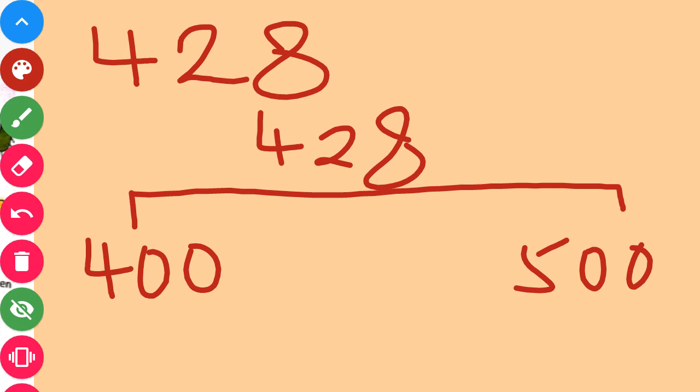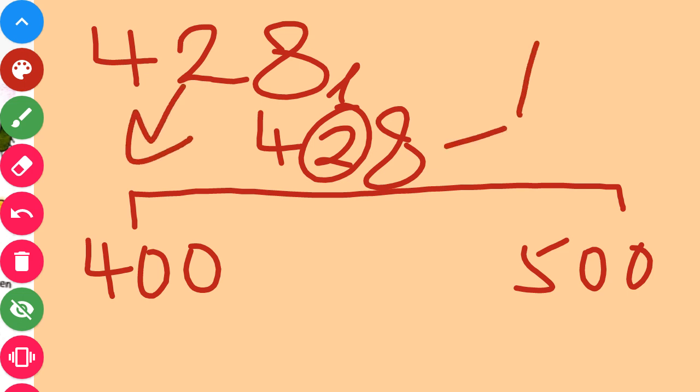Now let us look at the digit. Which digit will we see at tens place? 2 is there at tens place. 2 is smaller than 5. So this whole number will be rounded down. 428 will become 400. Great. So I hope rounding off to nearest tens and nearest 100 is clear to you all.